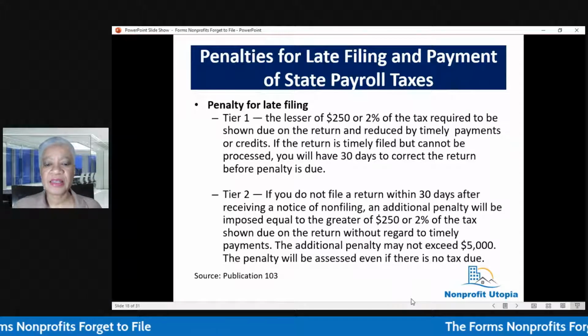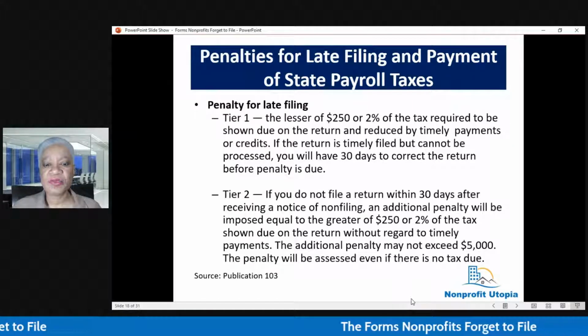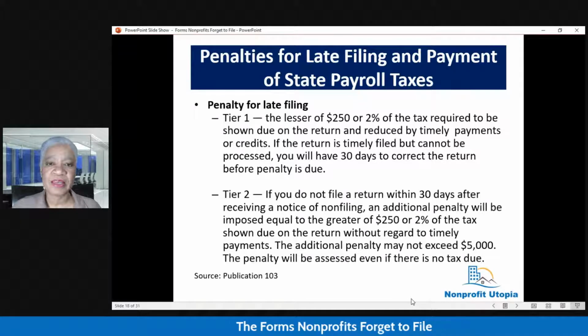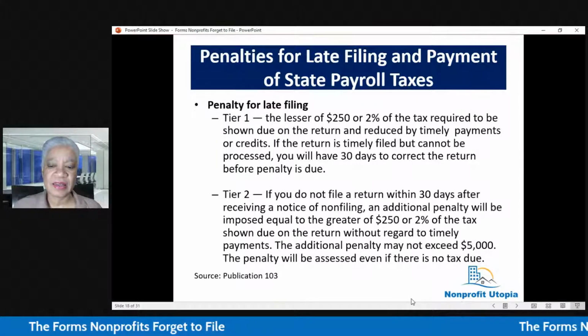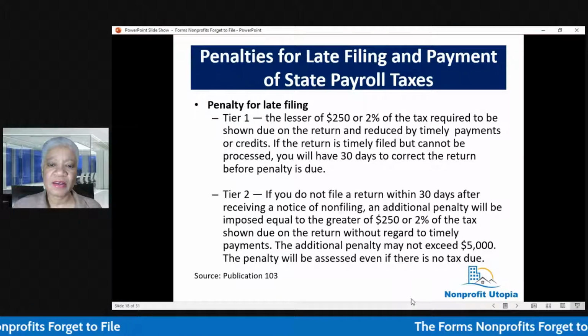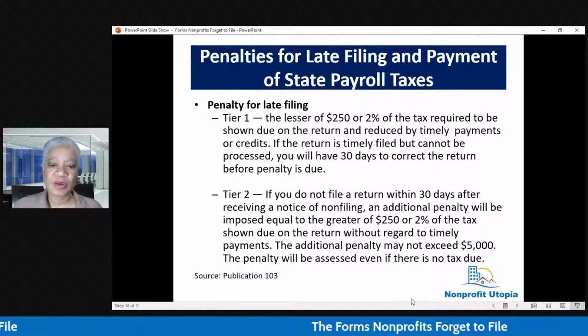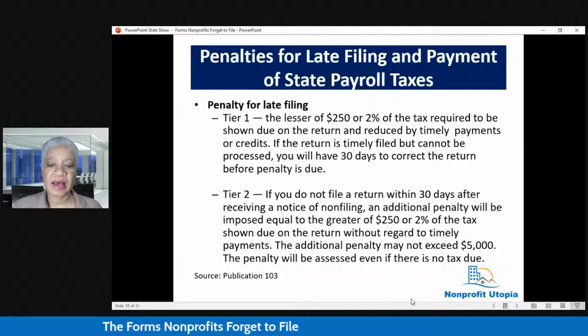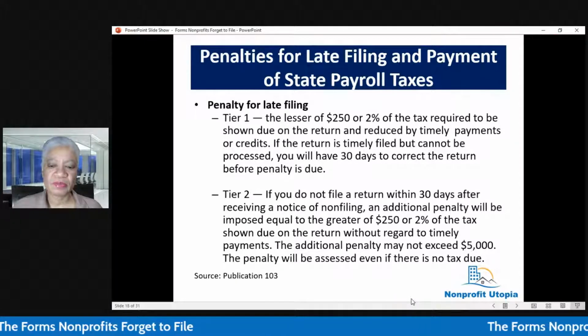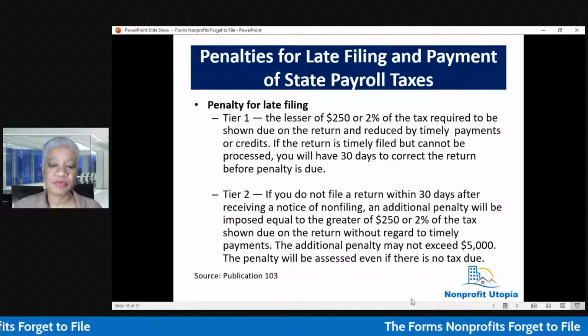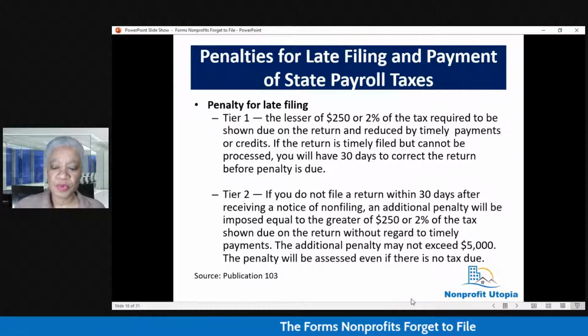Tier 2 kicks in if you don't file a return within a month of receiving a notice of non-filing. So on top of that $250 from tier 1, you're going to have to pay another penalty of $250 or 2%.